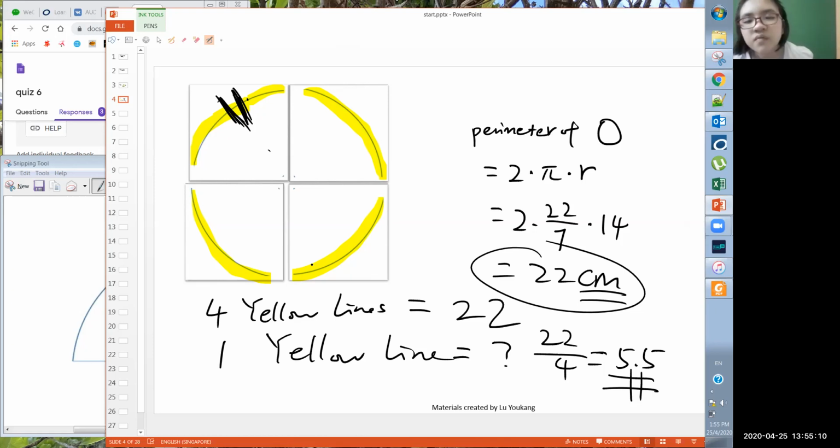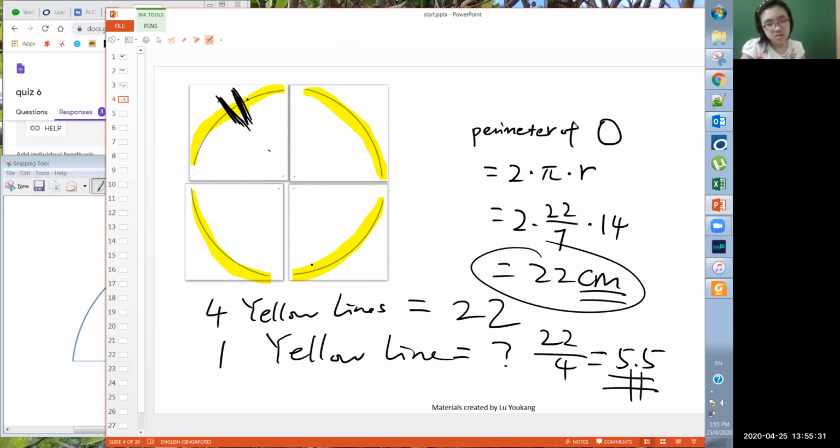You find the full circle, and then you take 22 and divide by 4, because a full circle always has 4 quarters.